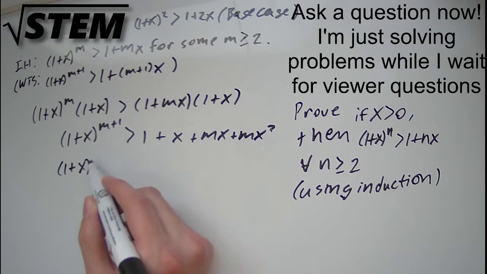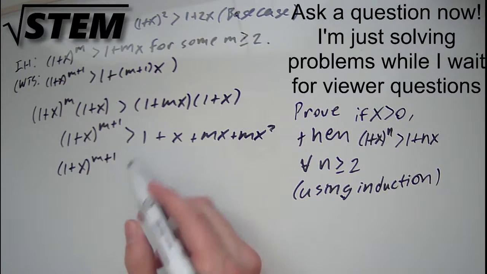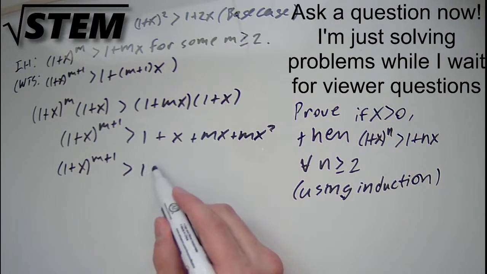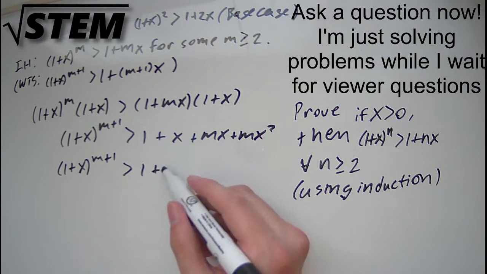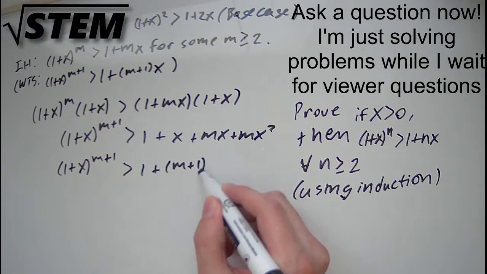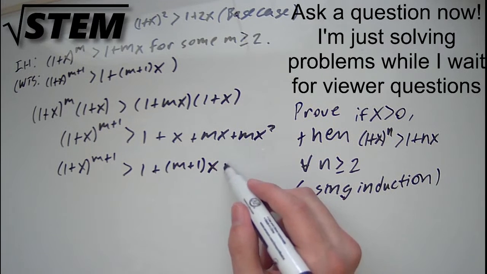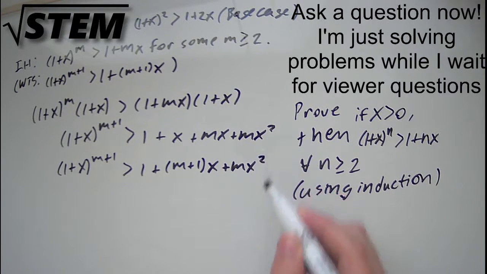We'd have 1 plus x to the m plus 1 greater than 1 plus, if you factor out this x, you do get the m plus 1 times x, but then you also have this.